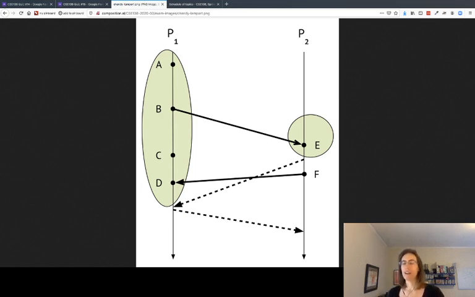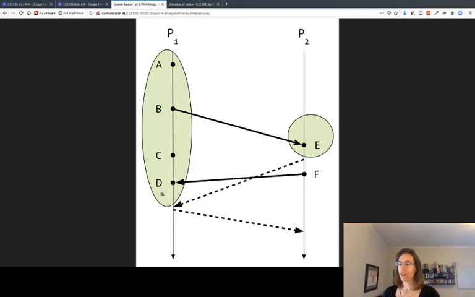That assumption of FIFO behavior is being violated here in that marker message that's going from P2. As a result of this, notice that the marker message arrives on P1 after event D here.